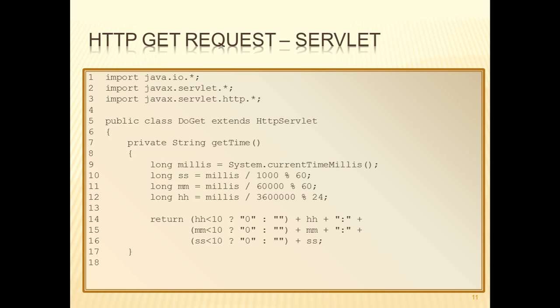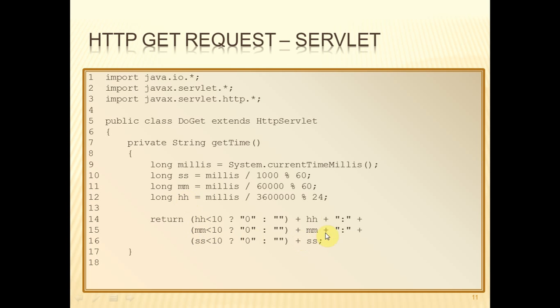What we're doing next in lines 10, 11, and 12 is extracting from that very big number of milliseconds since midnight on the 1st of January 1970 the number of seconds of the current minute, then the number of minutes in the current hour, and then the number of hours in the current day, so that we get today's current time as hours, minutes, and seconds.